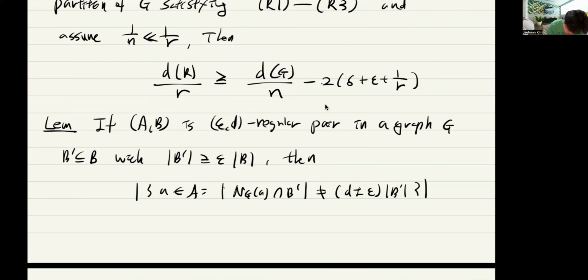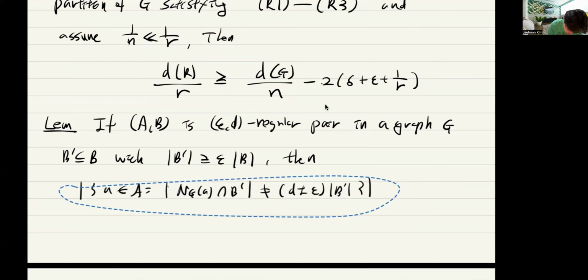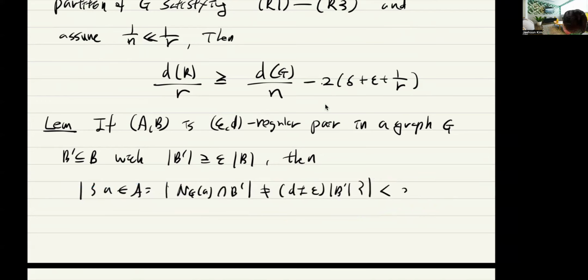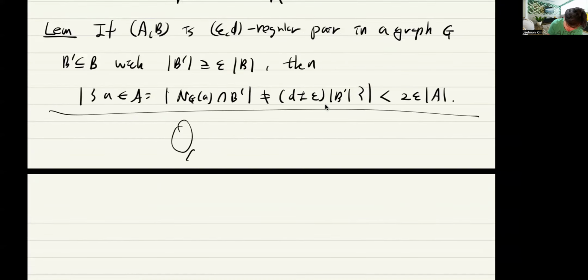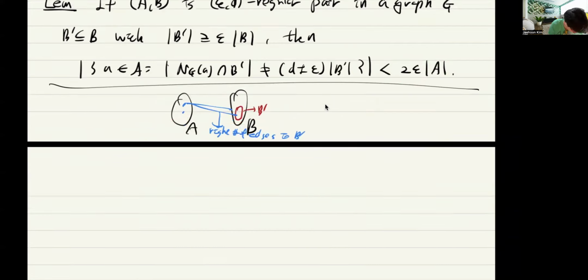You count all the vertices which send either too many edges to B prime or too few edges to B prime, and that's only a small fraction. So later this will be useful for us. You have A and you have B. Then if you take B prime, which is not too small, then for most of the vertices here, they send the right number of edges to B prime. Only a 2 epsilon fraction sends the wrong number of edges.